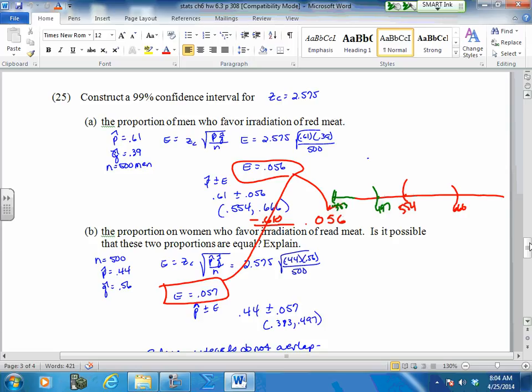It was kind of a weird question to ask, but their intervals are not equal because sometimes you get overlaps, like with the presidents, with the polling. I always go back to that because that's easiest to see. If you have a 3% difference, sometimes they will overlap. This one, the p-hats were too far apart, so they're not going to overlap. But the widths were about the same because your margin of error was about the same. So if you answered it that way, I could understand why.